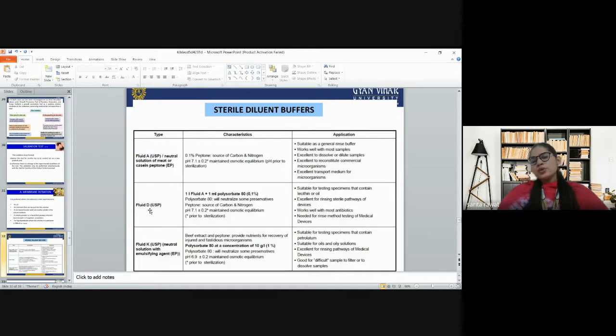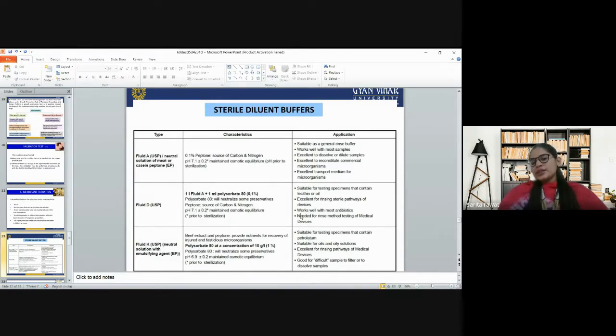Then Fluid D USP: the characteristics are one liter of Fluid A plus 1 ml polysorbate. The polysorbate will neutralize some preservatives. Then peptone, a source of carbon and nitrogen, pH 7.1 plus or minus 0.2, maintains osmotic equilibrium prior to sterilization.